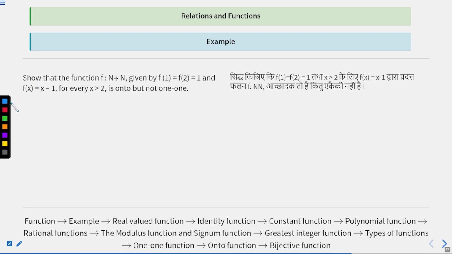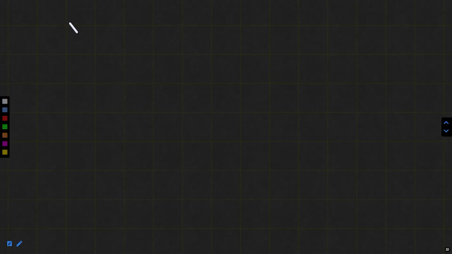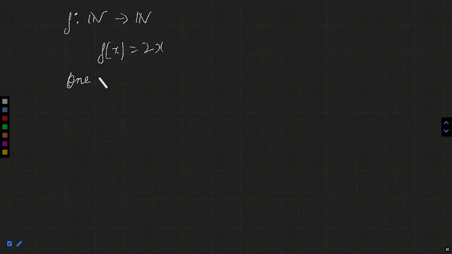First of all, before beginning, let me remind you. In the previous class, our function f from natural numbers to natural numbers was defined like this. It was 1-1, but not onto.